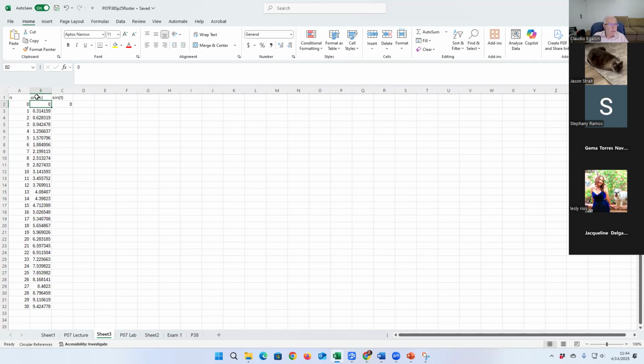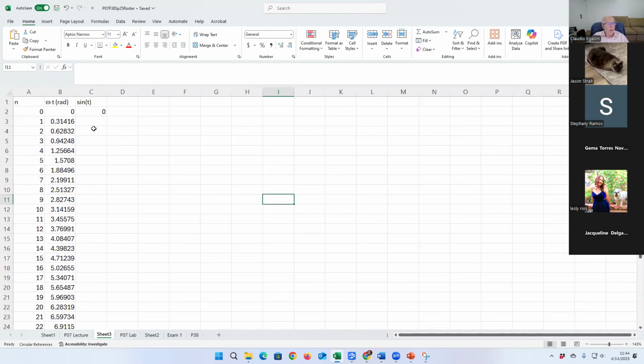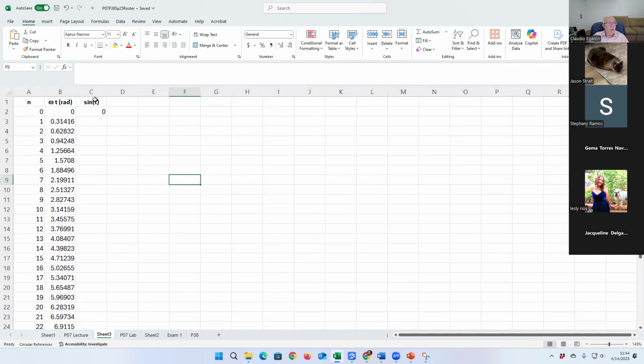Not in terms of t, but in terms of omega t. And now instead of seconds, we have a unit of radians. There's no unit for sine of omega t. I'm going to copy and paste here to make my life easier. Now we can put 1, 2, 3.